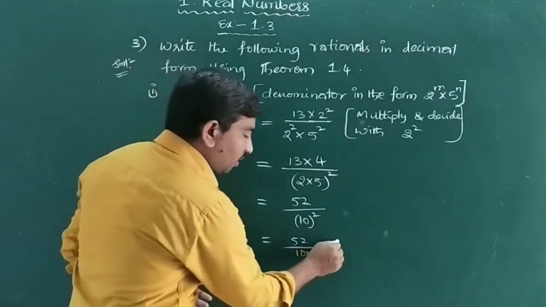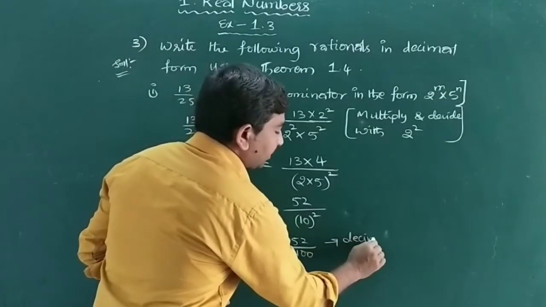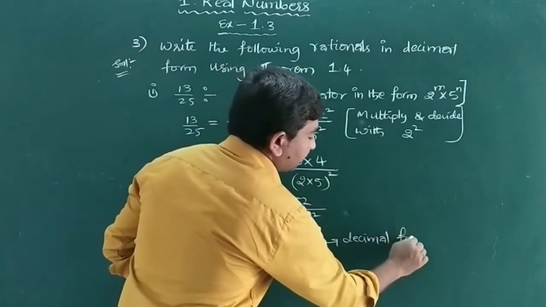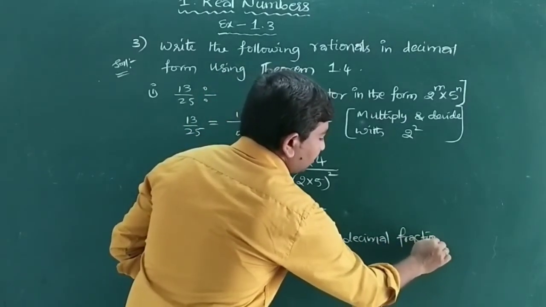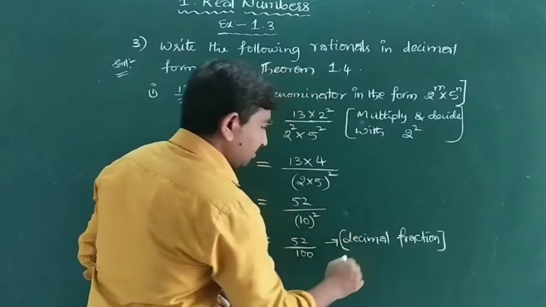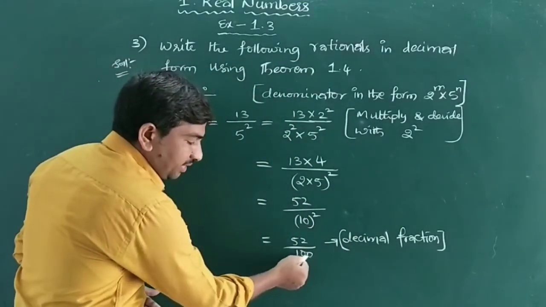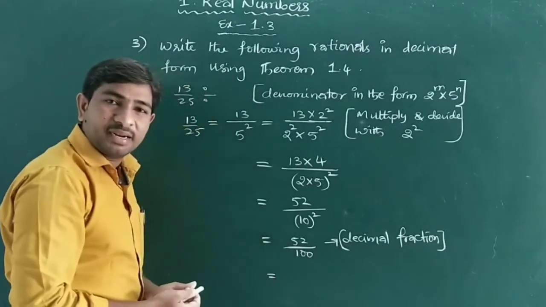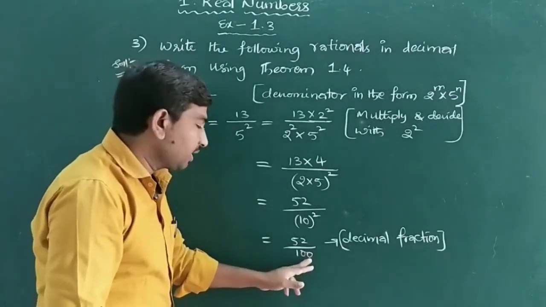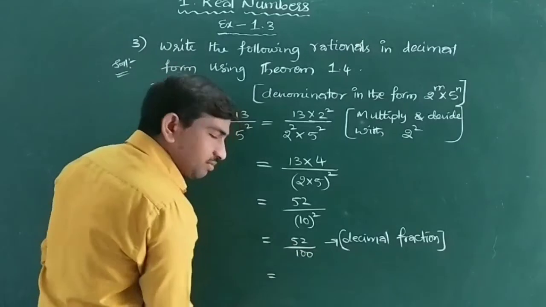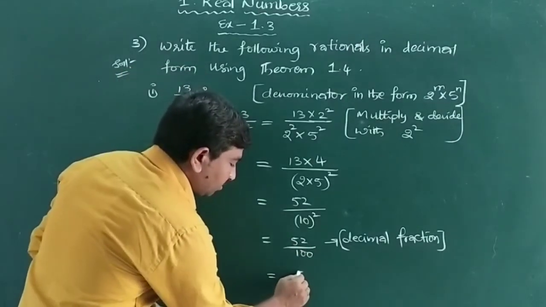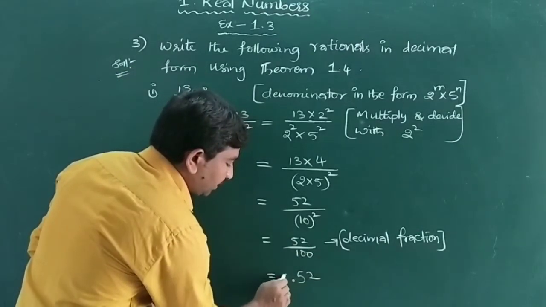It is very easy to convert that into decimal form. How many zeros are there in the denominator place? 2 zeros. We have to keep the point after the last 2 digits. We know that already. So 0.52.